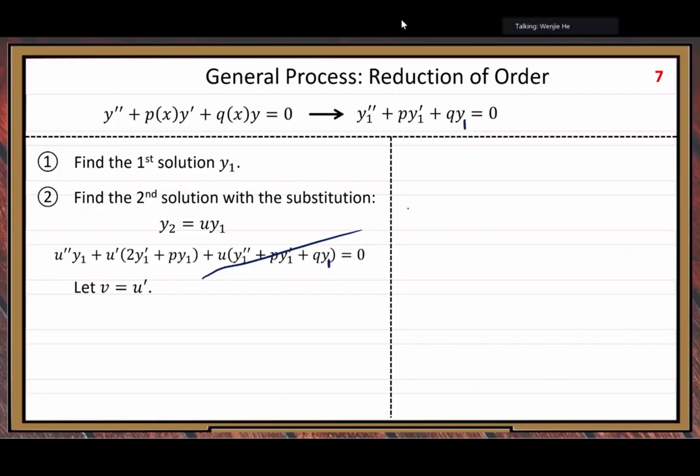After you cross out this one, you have u double prime and u prime, and essentially it is a first order ODE. After you introduce this v function as u prime, you just get a first order ODE, so you can solve it with confidence.